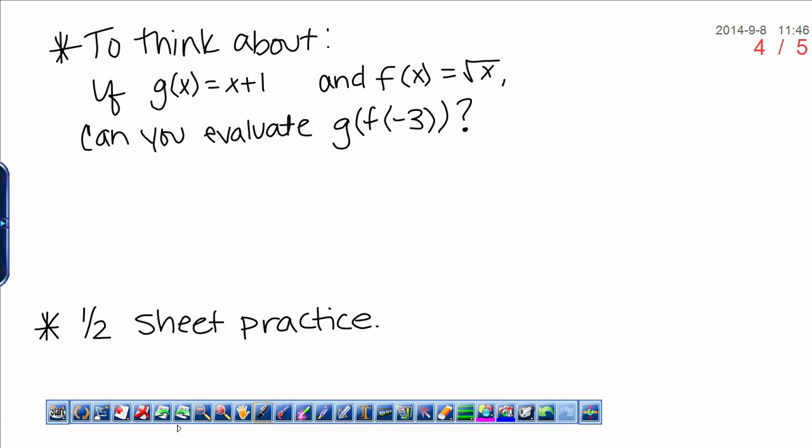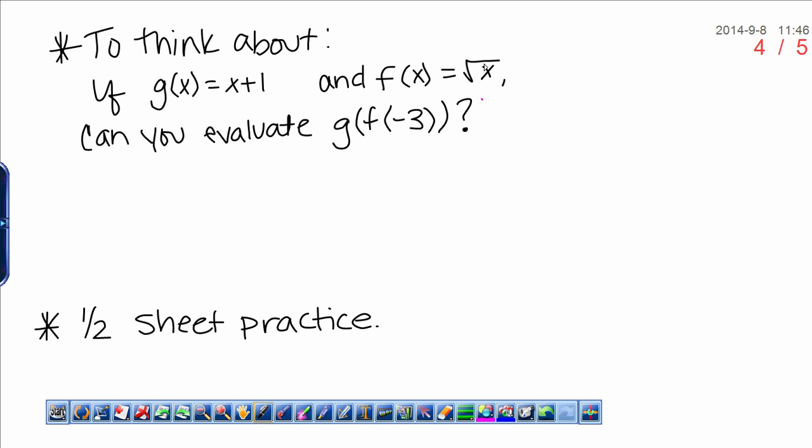All right, raise your hand if you think you can evaluate g of f of negative 3. Good. Why can't you? Brian, I heard you giving your explanation. Why can't you evaluate g of f of negative 3? You can't find the square root of negative 3. Yeah, we're not allowed to plug in negative 3 to f of x, right? What is the domain of f of x?